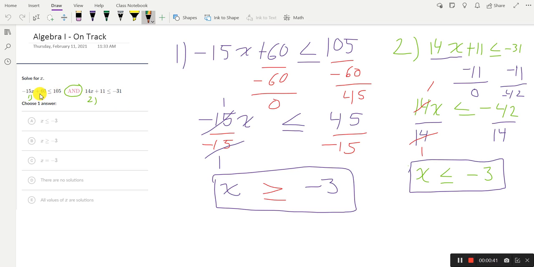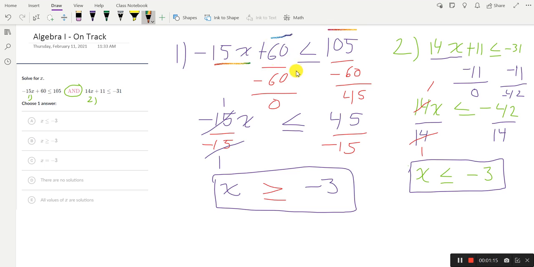The first thing that you should do, and I went ahead and did it, but I'm going to explain it step by step for you, is to solve both inequalities. I just wrote the first inequality here and the second inequality here. In this case, we have three terms: one term with a variable, a constant term, which we call a whole integer, and another constant term.